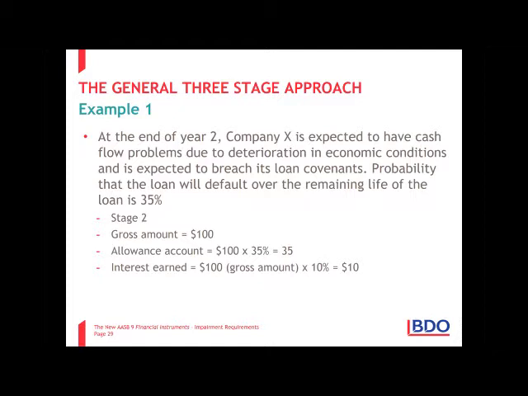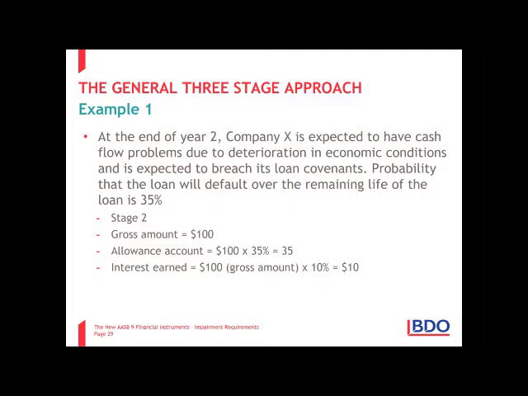So if we then go at the end of year 2, Company X is expected to have cash flow problems due to a deterioration in economic conditions, and it's actually expected to breach its loan covenants. The probability that the loan will default over the remaining life of the loan is 35%. So why are we now looking at the remaining life of the loan and the probability of default over the remaining life?